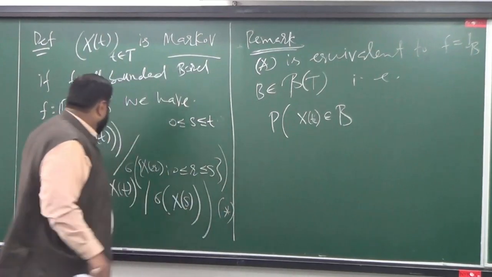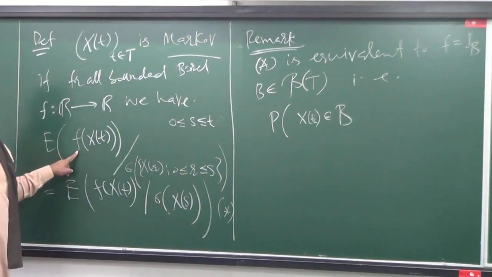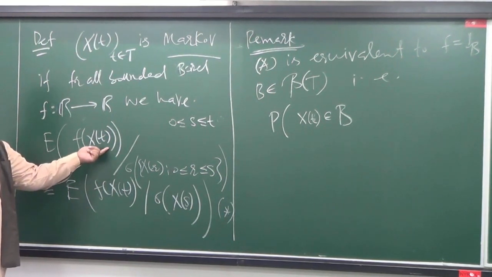Think about it: if you take an indicator function of a Borel set here, what is that going to mean? It means the indicator function evaluated at X of t.